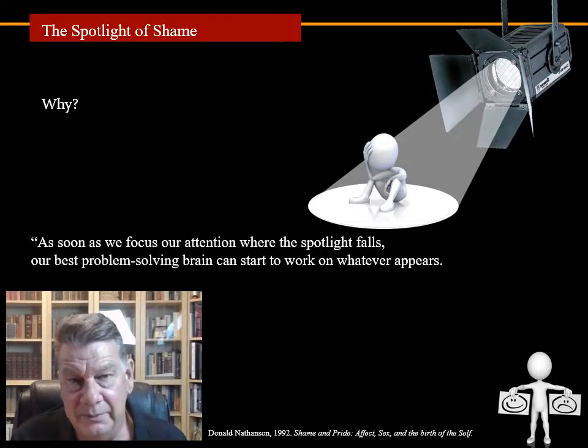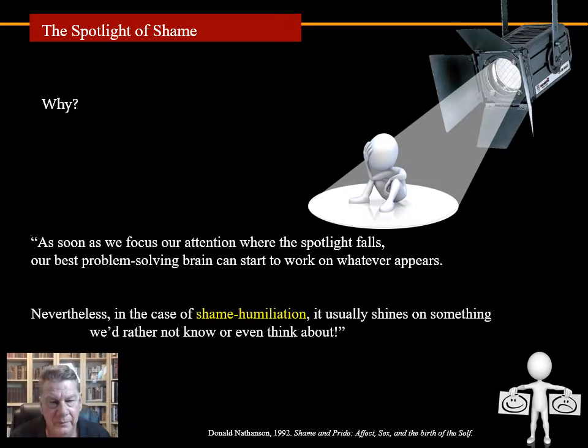And we want to get that positive affect back. So our problem-solving brain is supposed to work on how we do that. But in the case of shame humiliation, it often points to things that we'd rather not think about. So we try to avoid working out how to move past it.